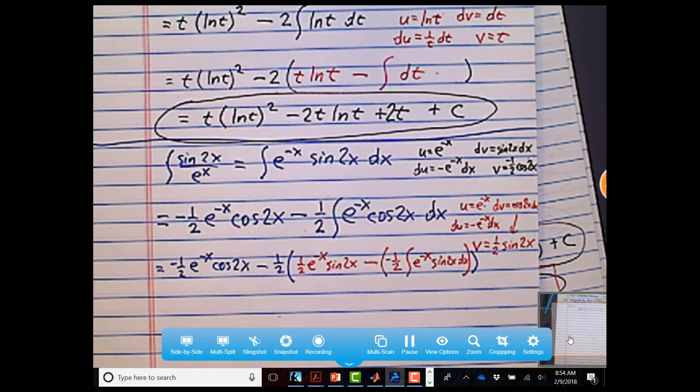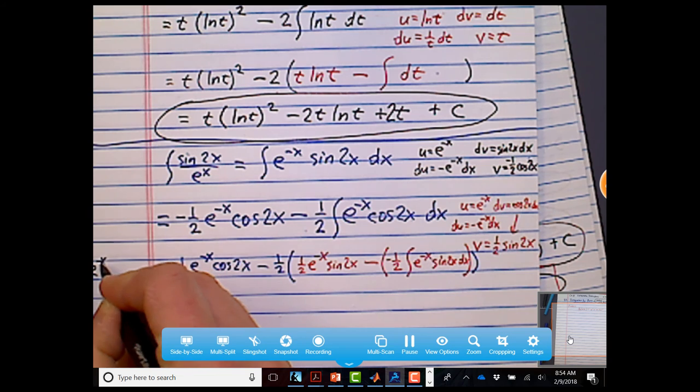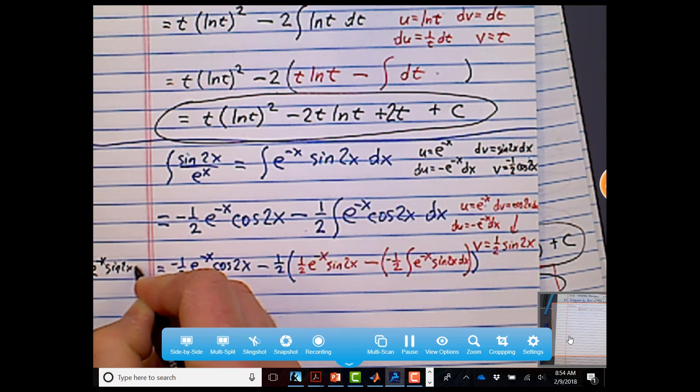Because wait a minute. The original integral was what? This, right? The original integral, here, see this red line? Back on this side, let me write the original integral. What's the original integral? E to the negative x sine of 2x dx, right?